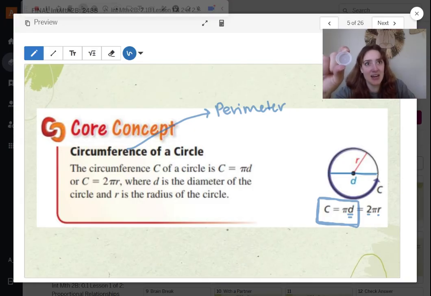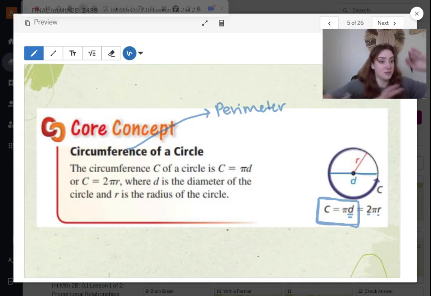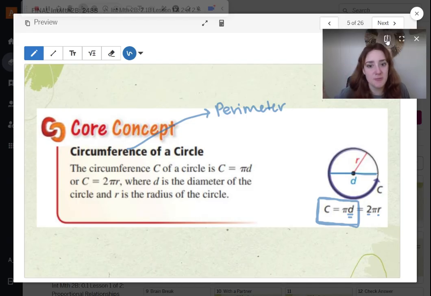From last class, our lesson, we talked about wallpapers, a border, a crown molding trim, almost like baseboards for the room. I think Alice was the name from that word problem, right? So circumference is just like perimeter. It's like we're walking along the outside. We just want that total distance, as if we're walking around this object. So when we're talking about circumference, just think it's the perimeter for a circle.